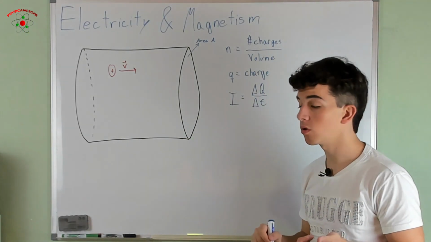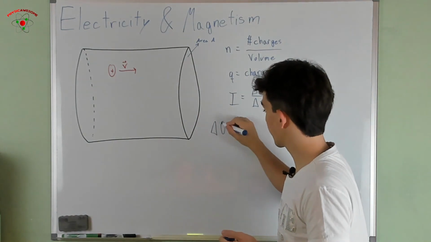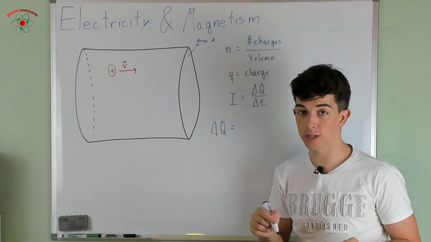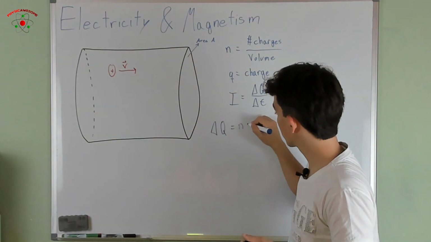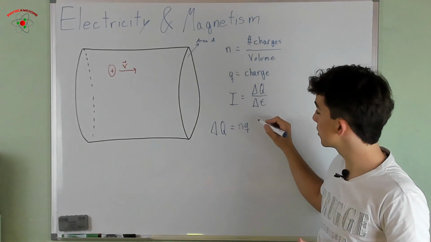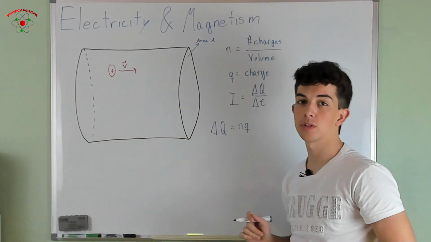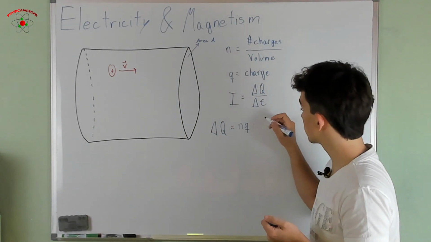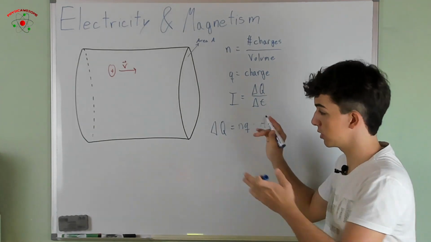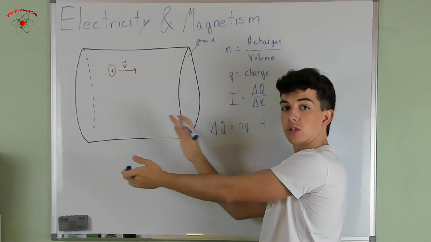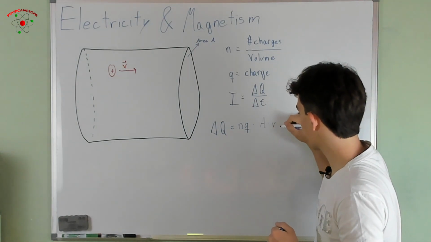Then we also know that the amount of charge that is going to go through here is going to be equal to the amount of charge per volume, times the volume that has time to move across this area, which is going to be equal to the area times some length, which is the length that the charges may have moved, which is v times delta t.